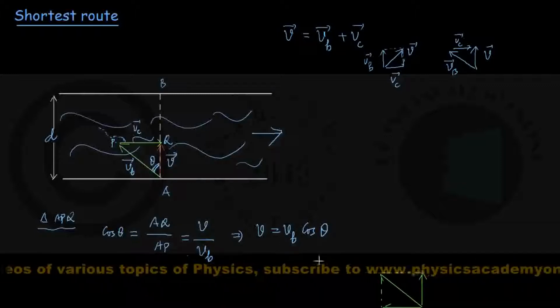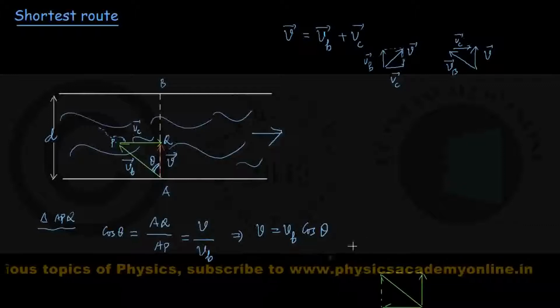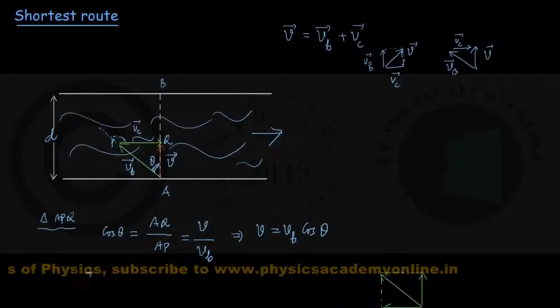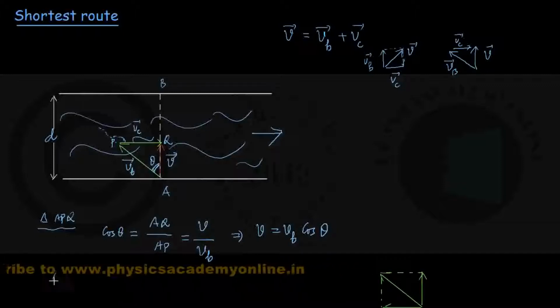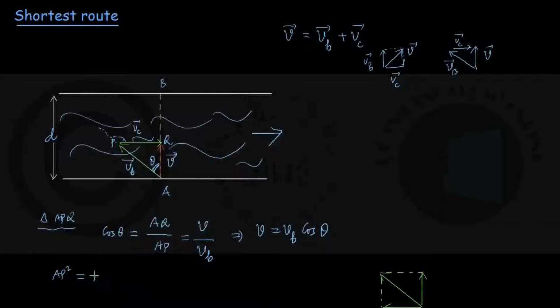Alternately, what you could do is that if you knew the value of VB and VC, you can easily apply the Pythagorean theorem and write down that AP square, that is the hypotenuse square in the triangle APQ, is given by PQ square plus AQ square.